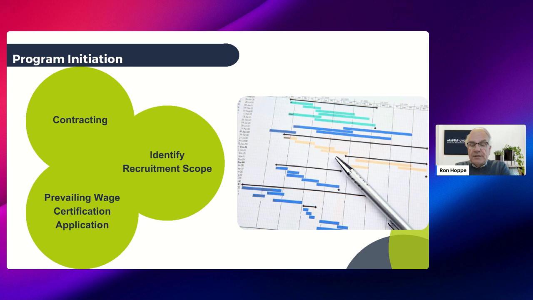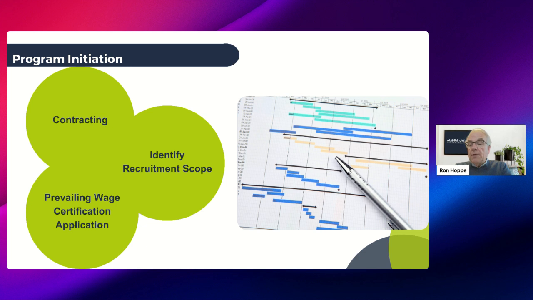This is a number that's going to change over time. It doesn't need to be an exact sort of detailed projection, but everybody has a good sense based on what they have found to be hard to fill positions, what their current vacancies are, what they expect retirements and other things to be in the future.